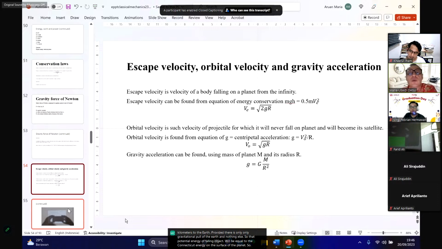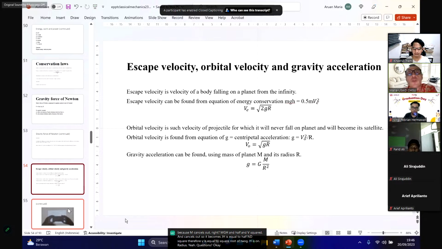So mgh is equal to mv squared divided by 2. We have m, we have g, we have h. We don't really need m because m cancels out, right? So it becomes gh is equal to half v squared. Therefore, v is equal to the square root of 2gh, and h becomes r, the radius. Questions?